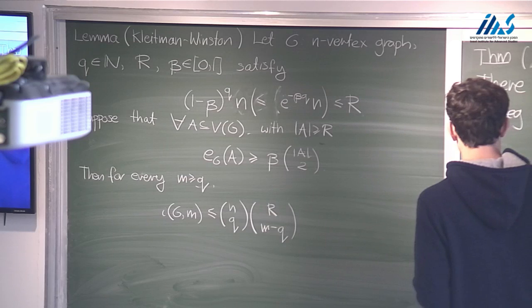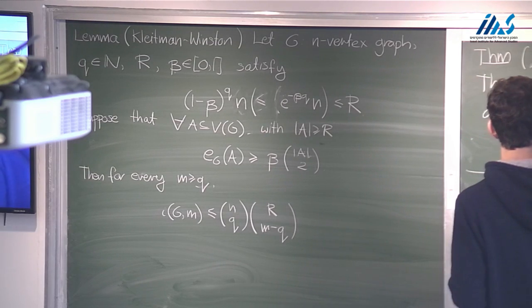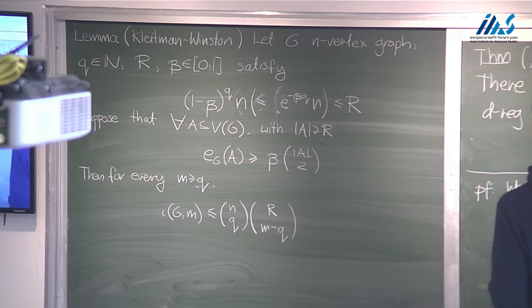So first technical comment is that we may assume that d is large, because if d is not large, we can just push everything into this constant. Now, another simplifying assumption: to get the bound on I of G, we're just going to count independent sets of each size m, starting from 0 to n over 2.